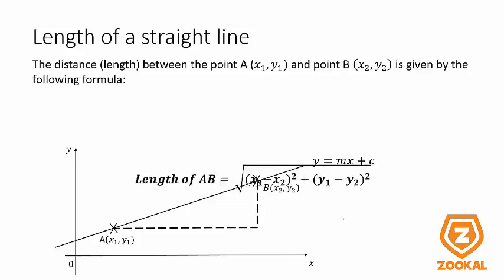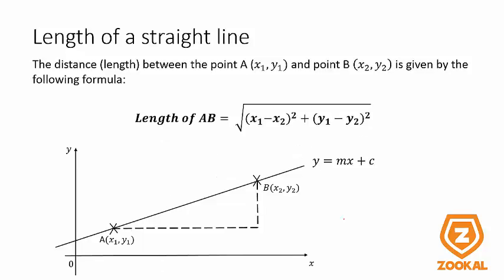The given formula here is length of AB equals the square root of (x1 minus x2) whole thing squared plus (y1 minus y2) whole thing squared. It's important to remember that in between each bracket is a minus sign, and between the x and y parts is a plus sign.